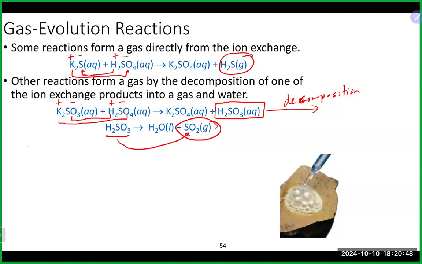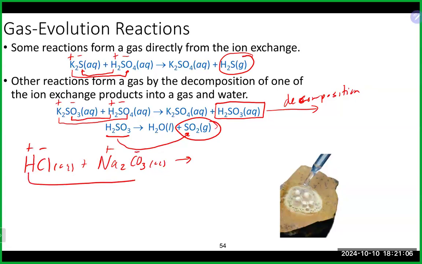Another common one is if you take an acid and some sodium carbonate, for example. That's also a double displacement reaction. These guys come together, and these guys come together. That makes a sodium chloride plus H2CO3, which is carbonic acid in this case.